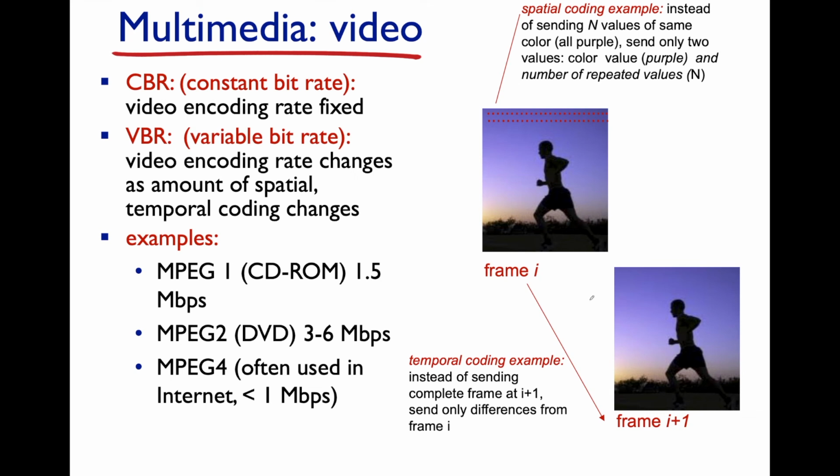Okay. And so there are two ways of coding your video. One's called constant bit rate, a video encoding for a fixed rate. And one's called variable bit rate, where the video coding rate can change. The amount of spatial and temporal phenomena that you're coding is going to be variable. For example, when you encode a pixel, instead of encoding the actual value, maybe you're taking a range of values of color and just calling that purple.